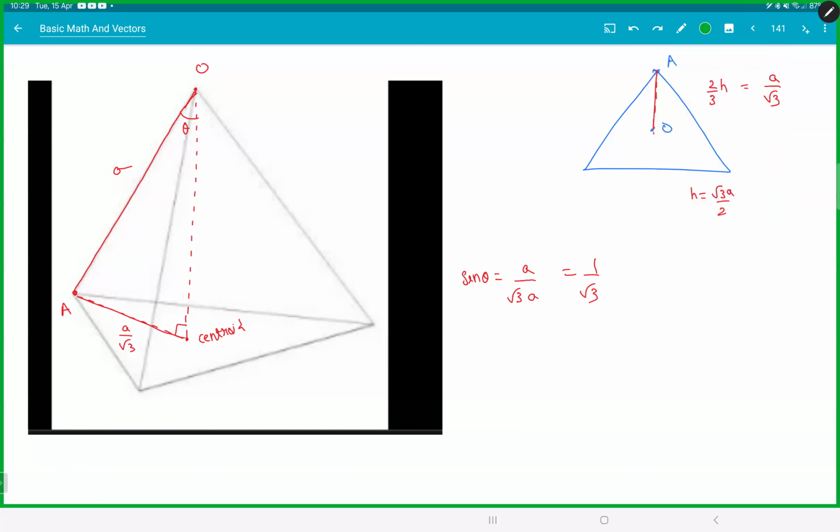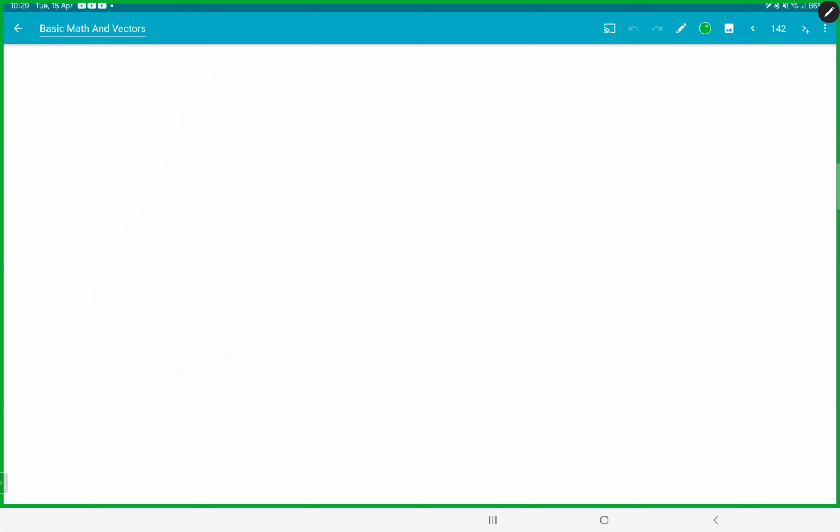Once I got this, so this is the force, isn't it? 2. I can resolve this into components. This will be 2 cos theta. This will be 2 sine theta. Agreed? And now look at the components. We are done actually.